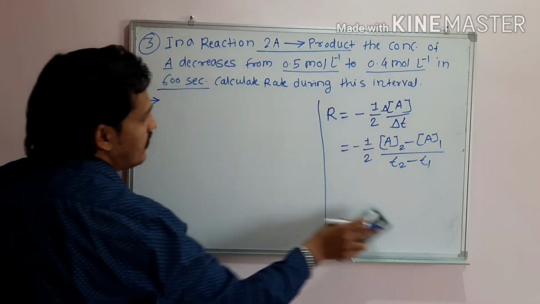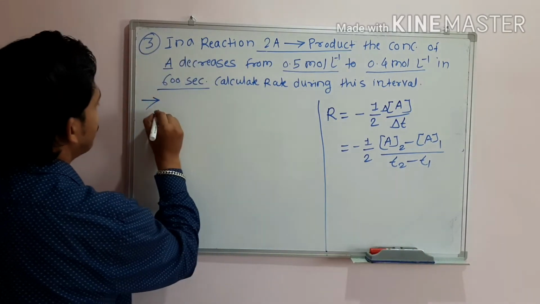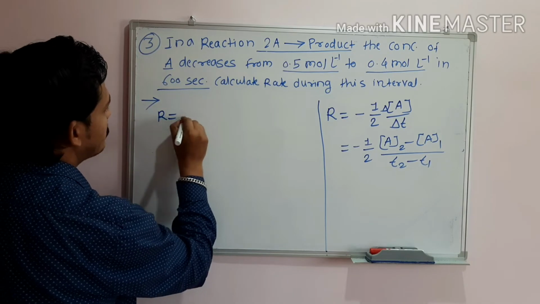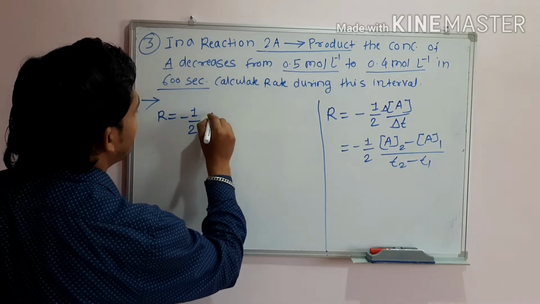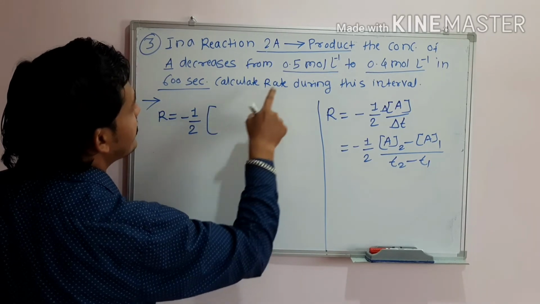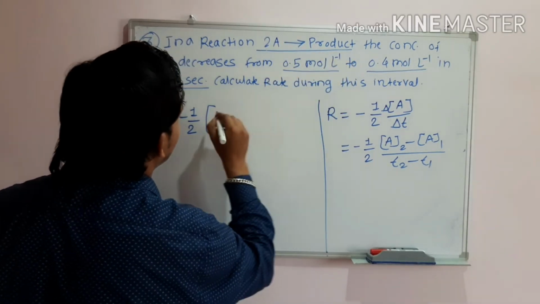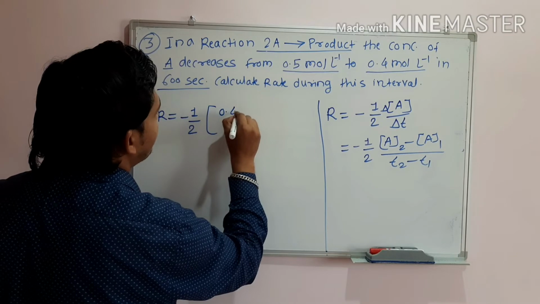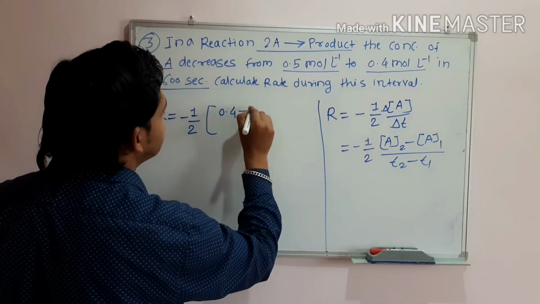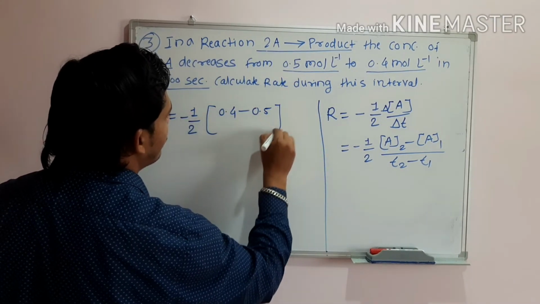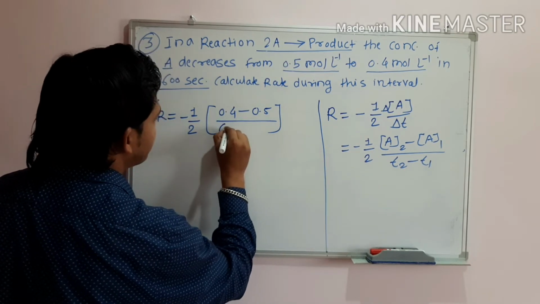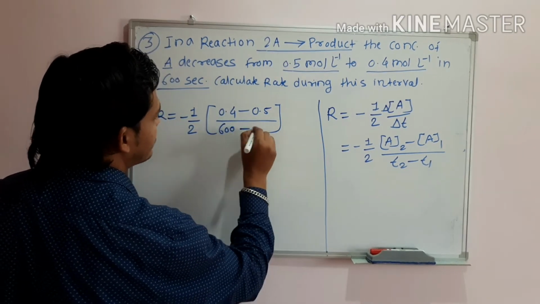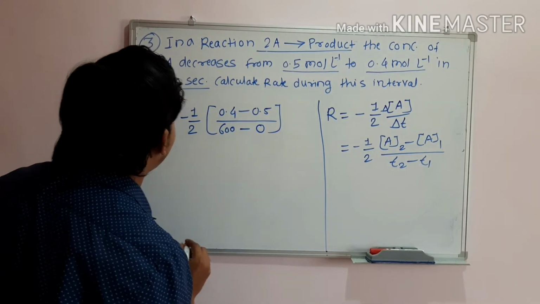So, R is equal to minus 1 by 2. So, what is the value of A2? That is A2, 0.4. What is the value of A1? 0.5, divided by T2. What is the value of T2? 600 minus what is the value of T1? 0 second.